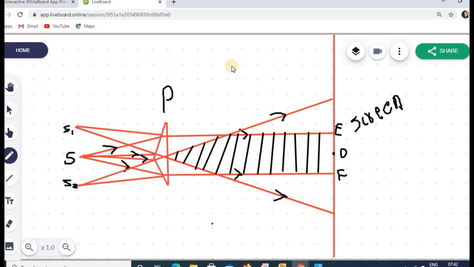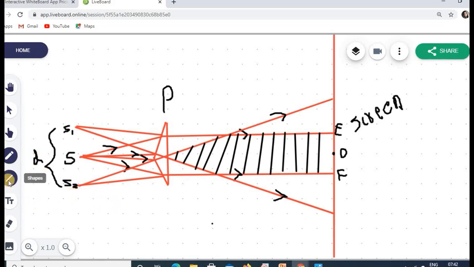as O. Okay, so the distance between the two virtual sources S1 and S2 is named as small d, and again I have the distance between the source and the biprism.